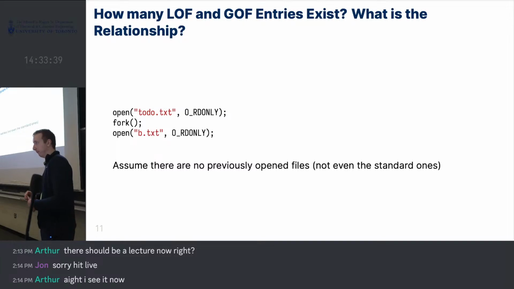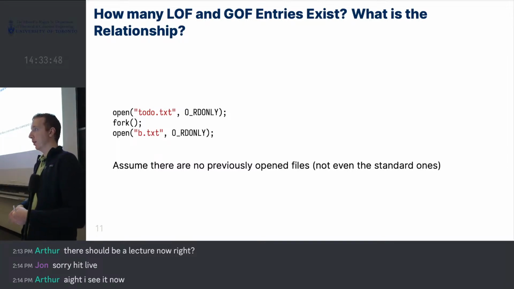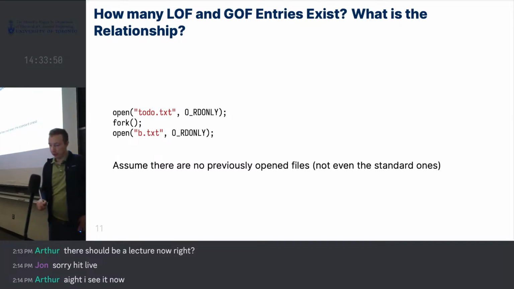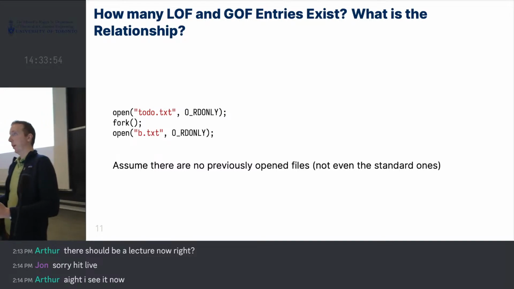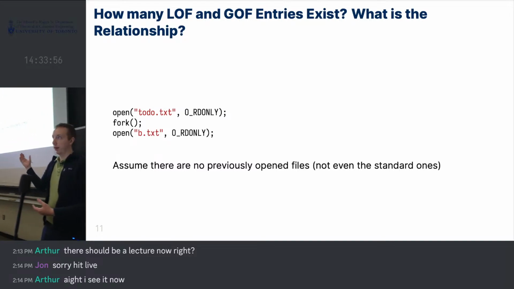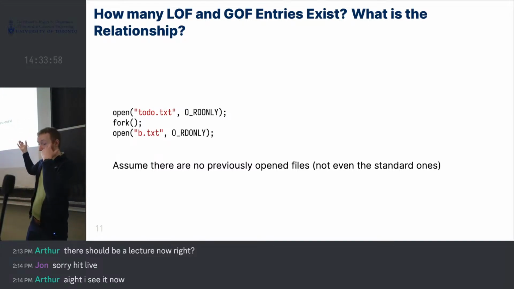For the first one, to-do.txt, they will get separate local open files, but they point to the same global. So each process will have 2 local open files, and in the global file table we'll have 3 entries. They'll be sharing to-do.txt, and they'll have their own independent b.txt.